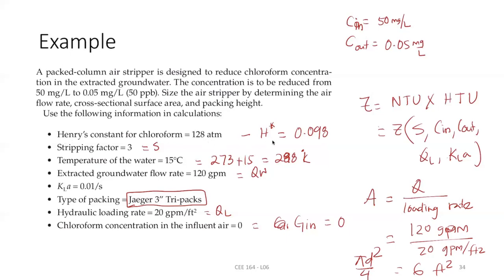Any question? I don't know what else is being asked, but it seems like everything is straightforward. I'm just going to write the answer here. The final answer you should be able to get is 40 feet if you solve this one and plug in all these values.